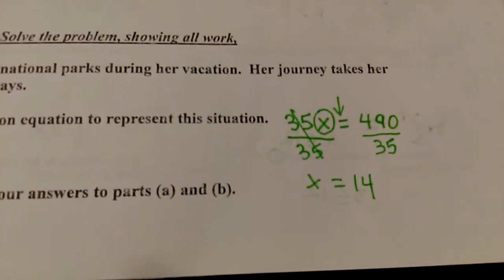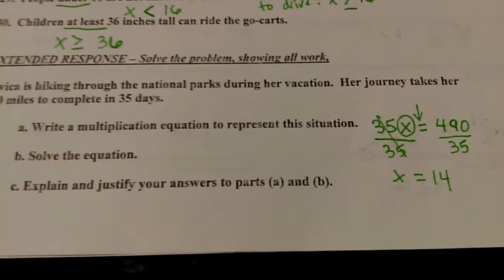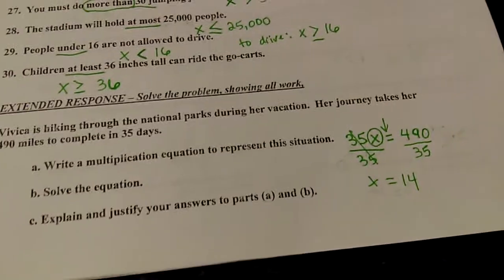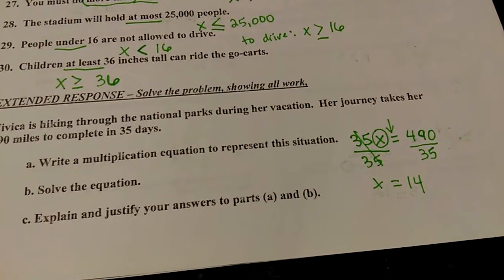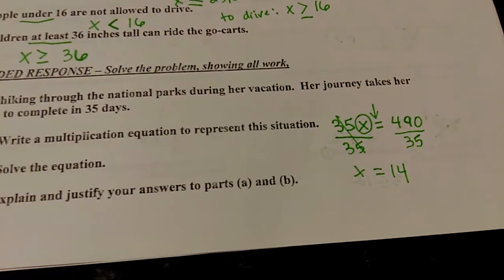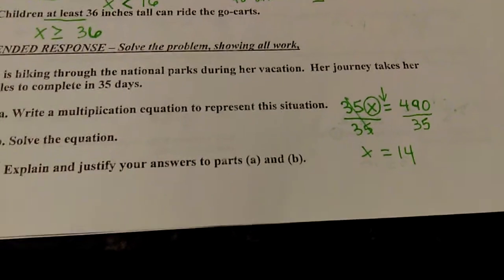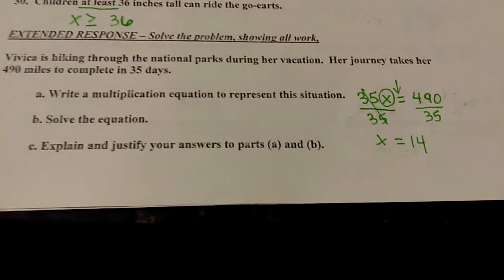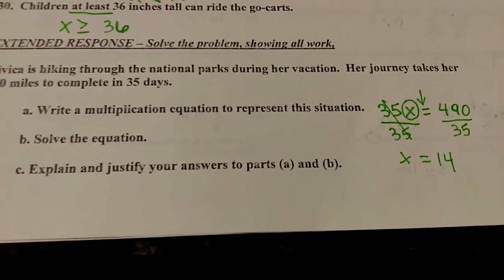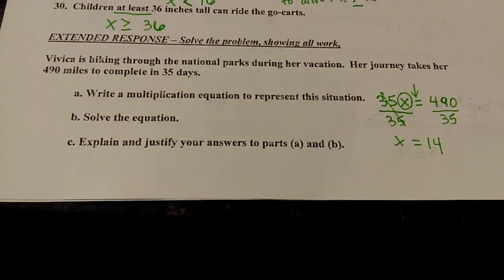So that means that if she does a steady amount each day, she's doing about 14 miles per day. So our x equals 14. We've written out our multiplication equation, 35x equals 490.